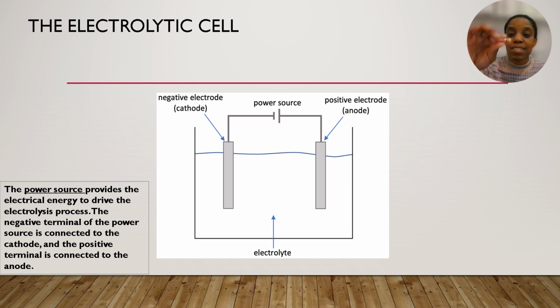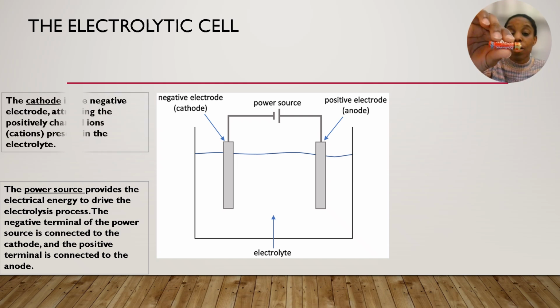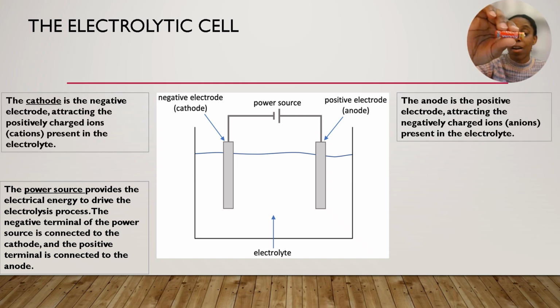Connected to our power source, we have two rods, which are our cathode and our anode. The cathode is the negative electrode, and it is connected to the negative terminal of the power source, which gives it a negative charge.